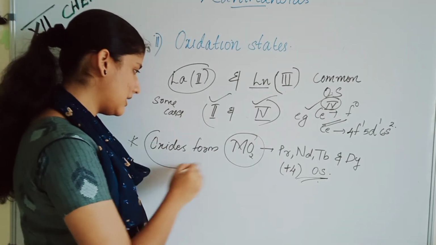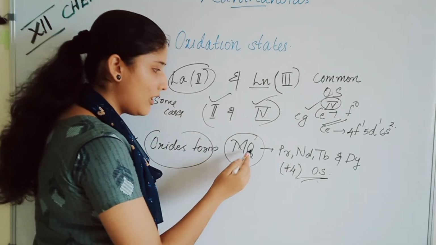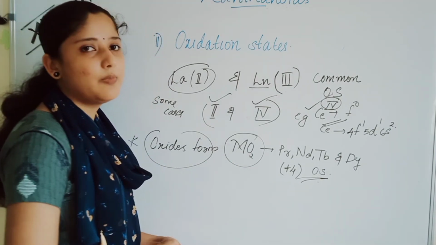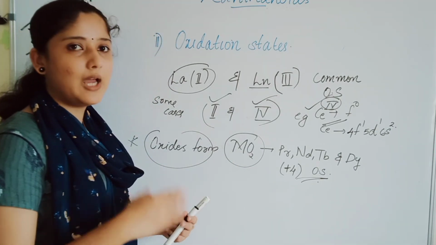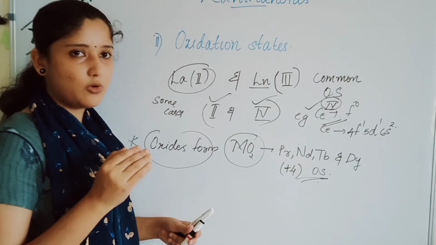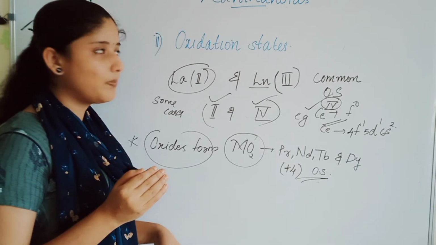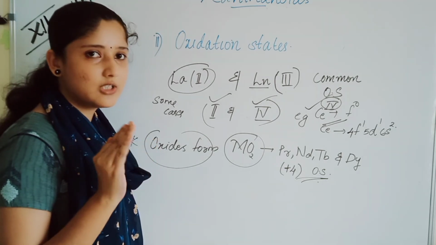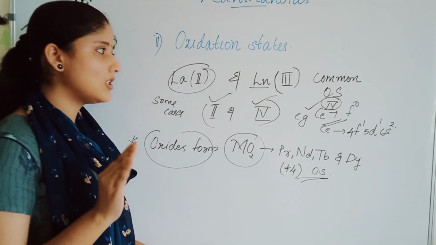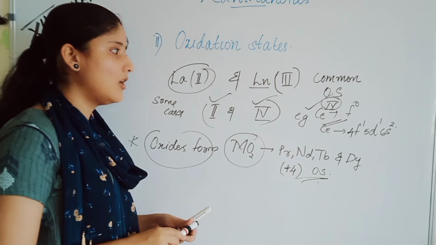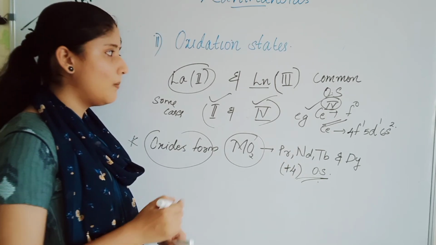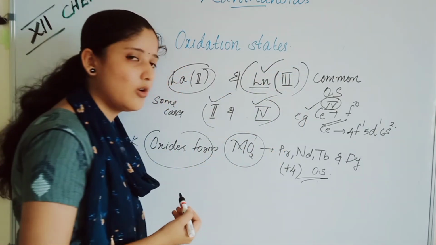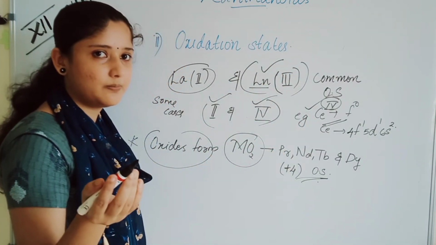Okay, the general electronic configuration that we have studied, the common oxidation state of lanthanoids is what? +3. The common oxidation state of lanthanoids is +3.